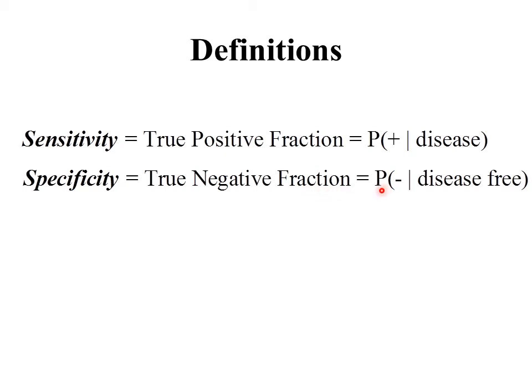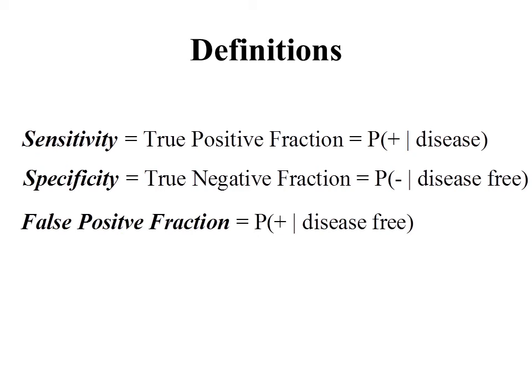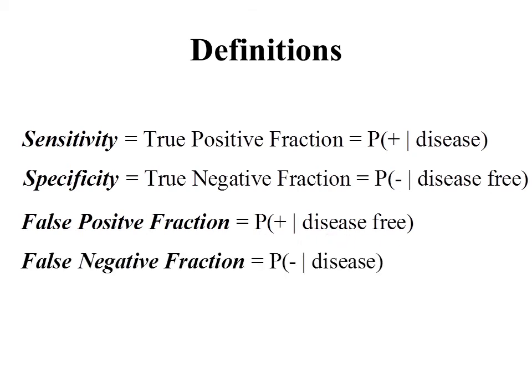That's the probability of testing negative given that you do not have the disease. The false positive fraction is the probability of testing positive given that you are disease-free. The false negative fraction is the probability of testing negative given that you have the disease.